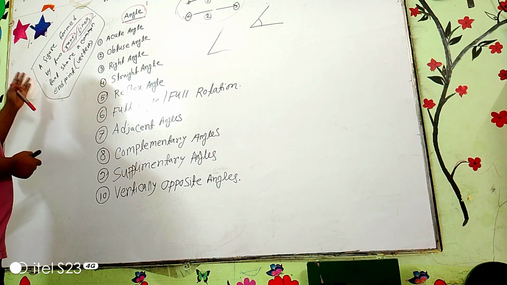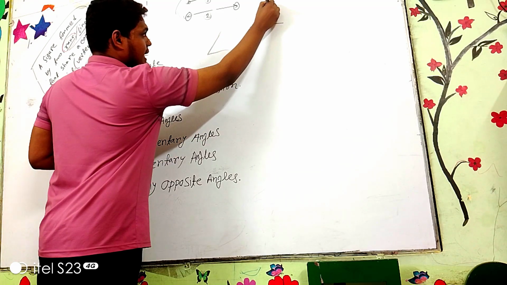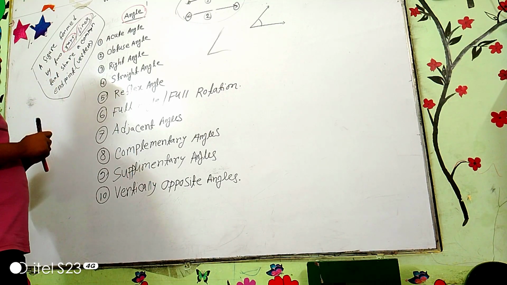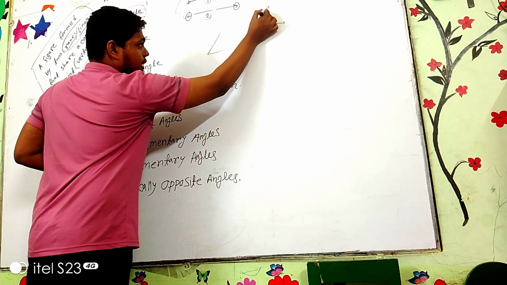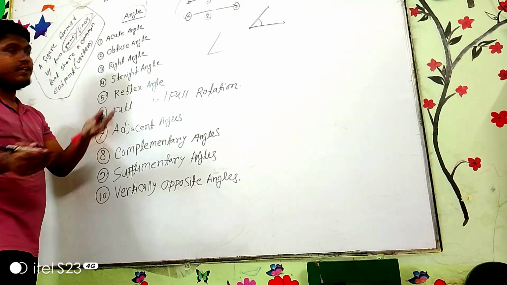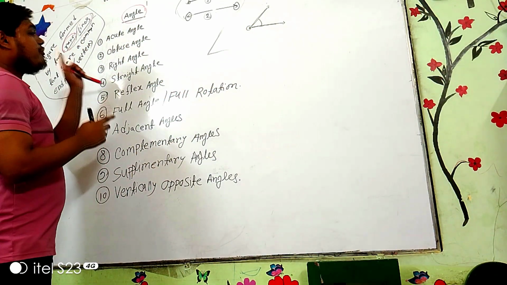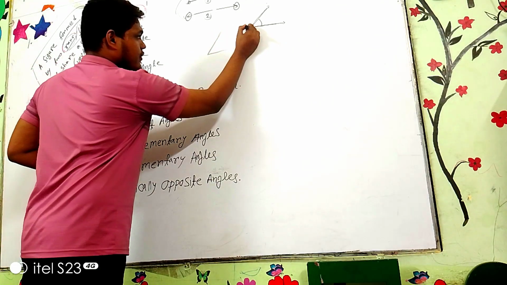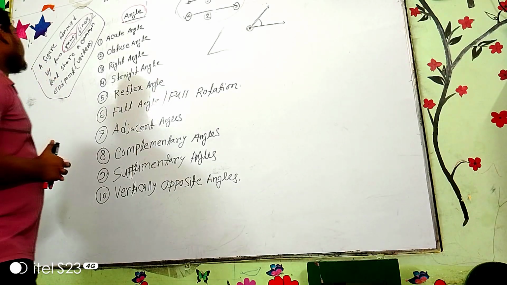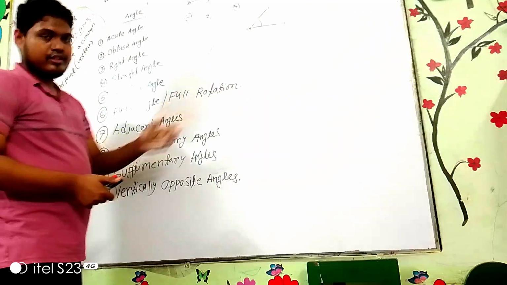This is the common endpoint, and mathematically this endpoint is called the vertex. So what is angle? A figure from two rays or lines that share a common endpoint.